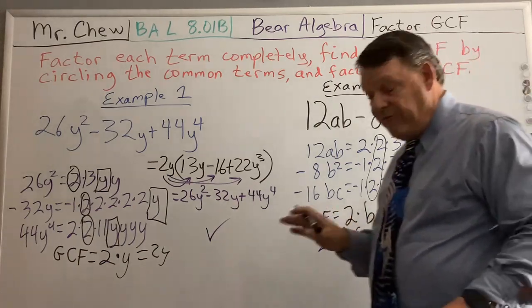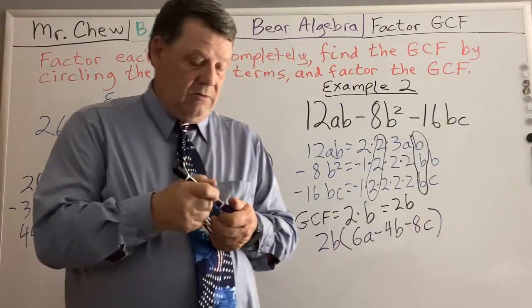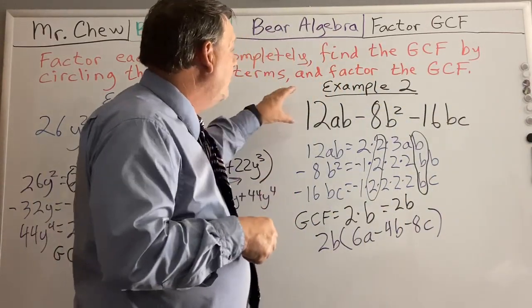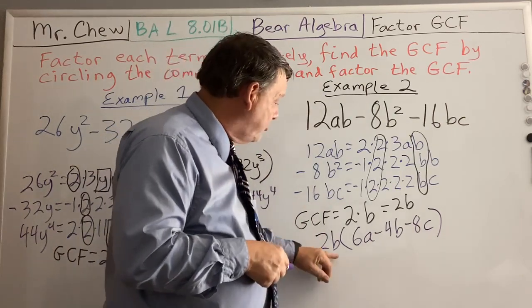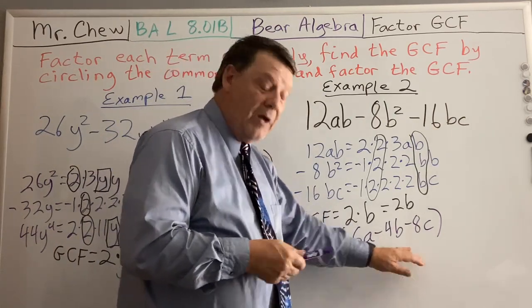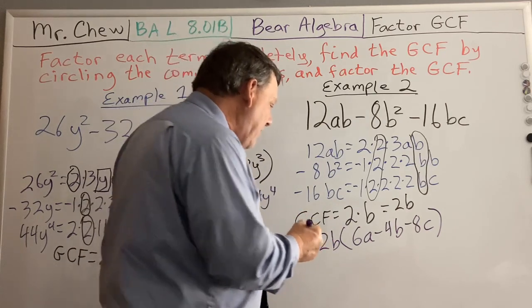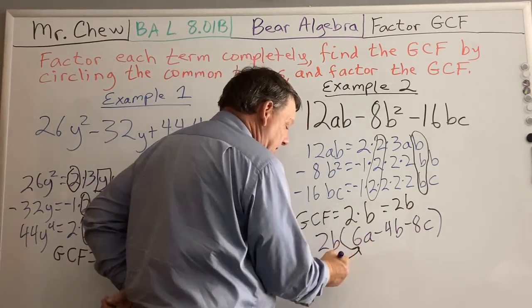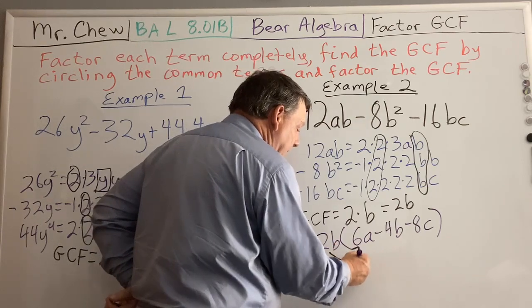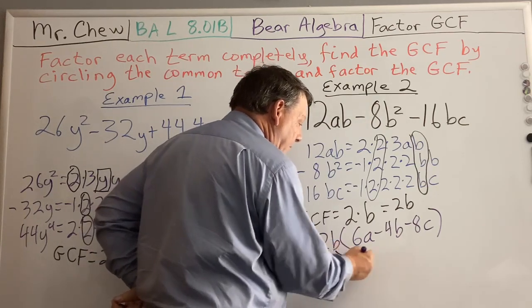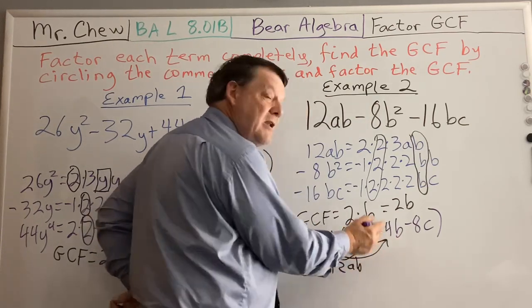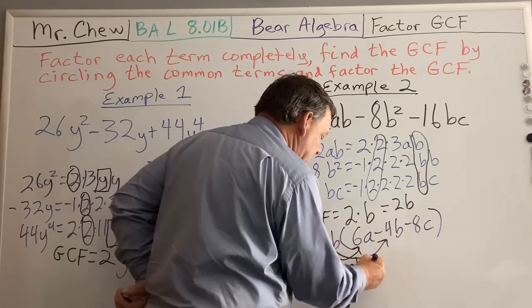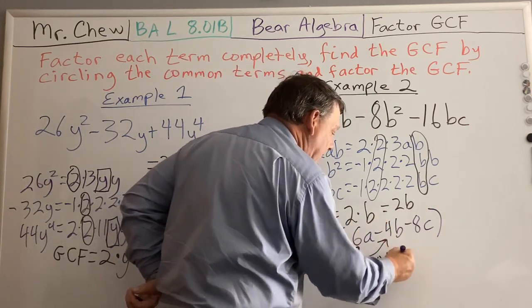So this is the factored answer of factoring this polynomial and getting this GCF times this polynomial. And remember, if you need to check it, 2b times 6a is 12ab, using the distributive property. 2b times -4b is -8b squared.